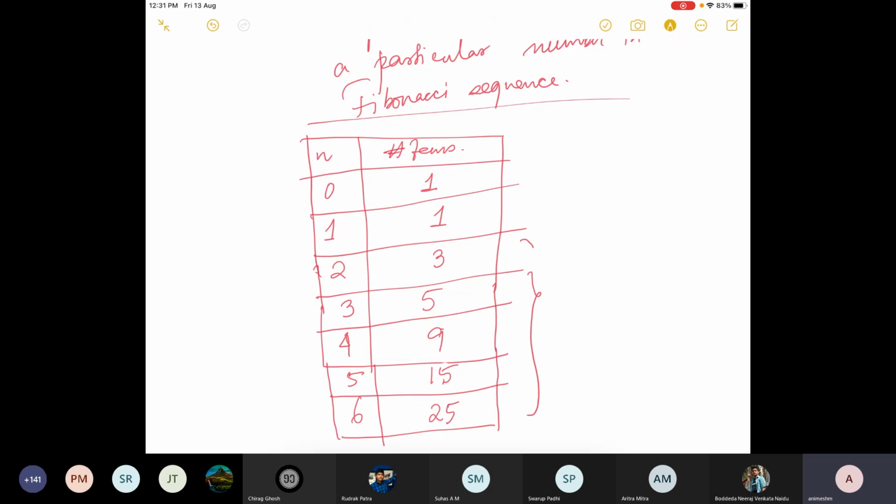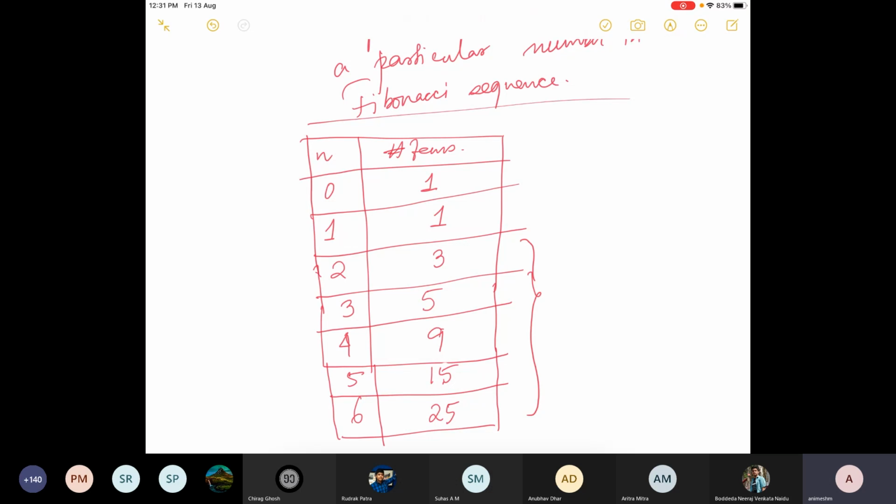Starting from 2, can you see any pattern? Yes, sir, the number of terms for any number can be given by the sum of previous two values plus 1. That though is a kind of corollary of the Fibonacci sequence formula.